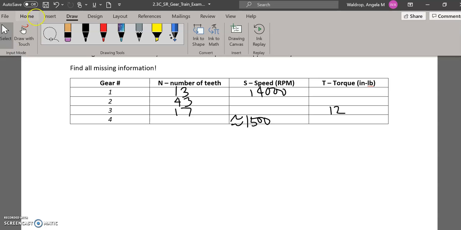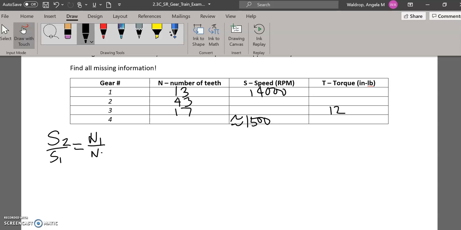Now the first thing that we're going to worry about is getting this speed first. That's the first thing we're going to go after. I'm going to set up my relationship, S2 over S1 equals N1 over N2.